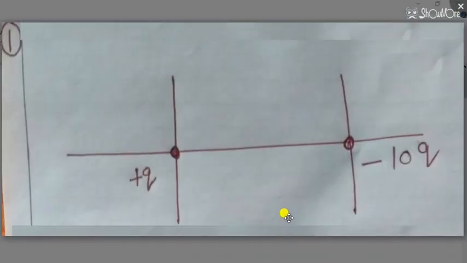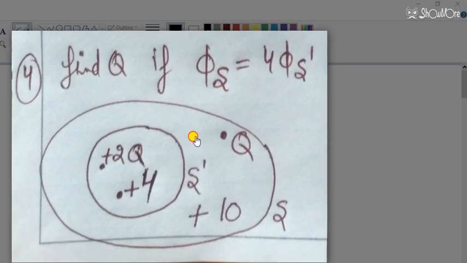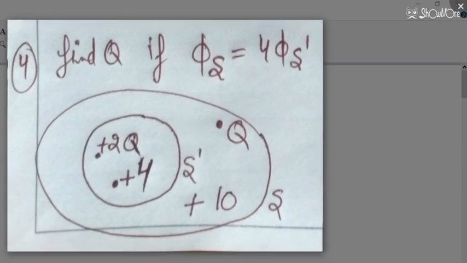Now moving to the fourth question. The fourth question is about Gauss law. You can see the flux through surface S is equal to 4 times the flux through S dash.